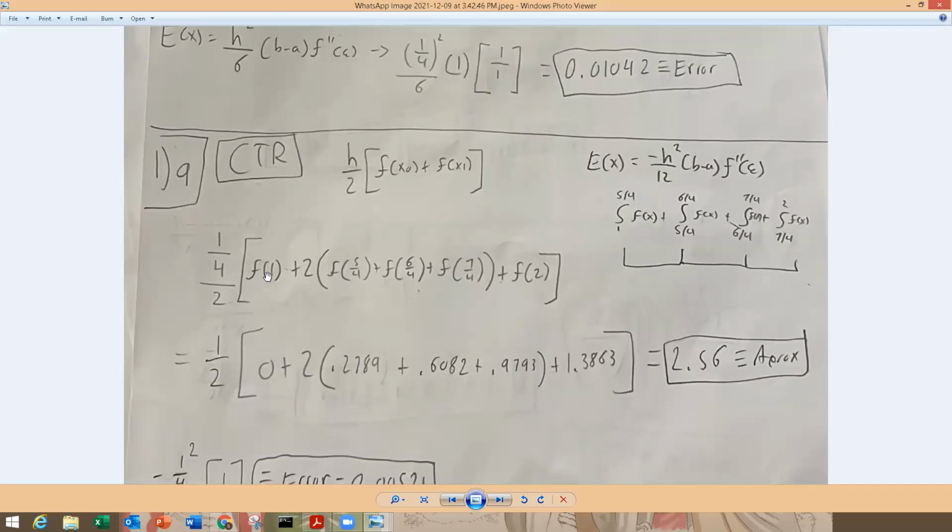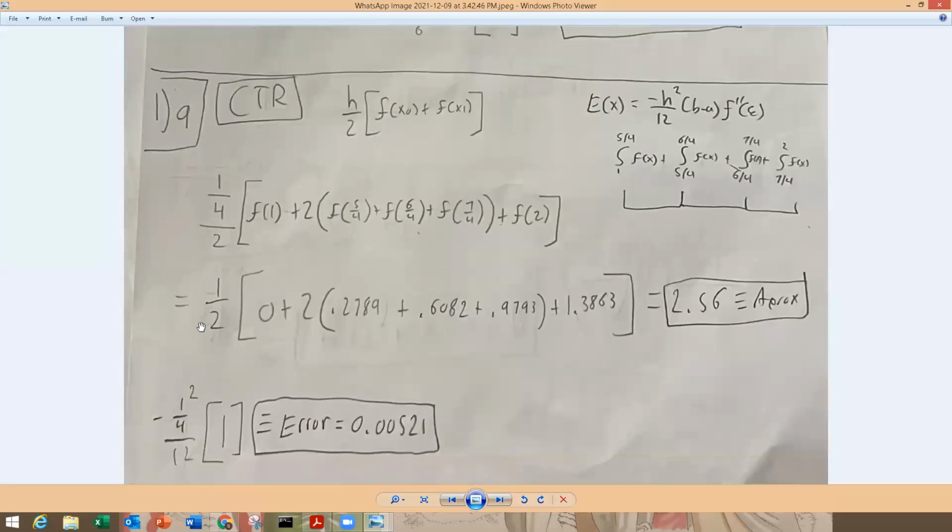So I did f of 1 once, because you only see it once. Then 2 times f of 5 over 4, f of 6 over 4, f of 7 over 4, because you see these twice. And then plus f of 2 once, because you only see it once here, right? So if you actually draw this out, you could see which ones you're going to multiply twice. Because x naught equals A and x1 equals B. So that's how you know.